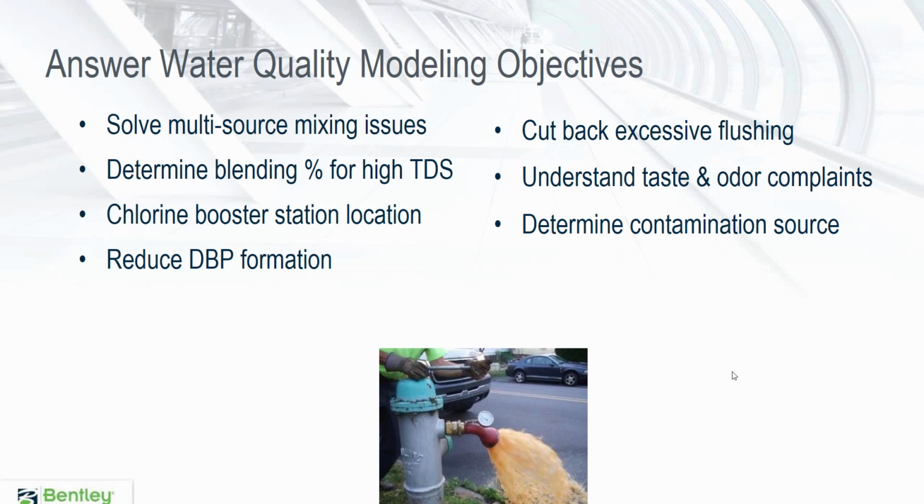Or you're trying to understand taste and odor complaints. That's also a likely one. Maybe you're trying to determine a contamination source. So there are lots of different objectives you could be trying to achieve by using a water quality model.